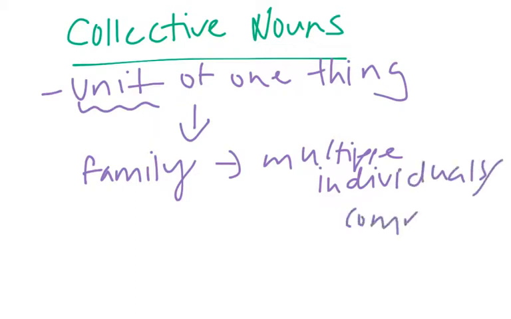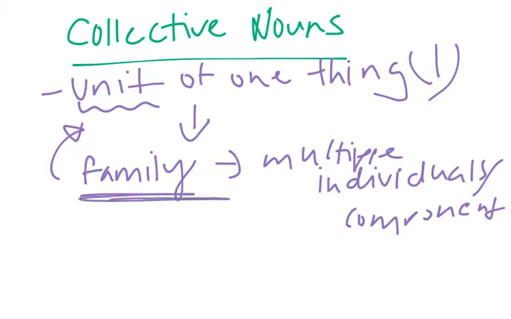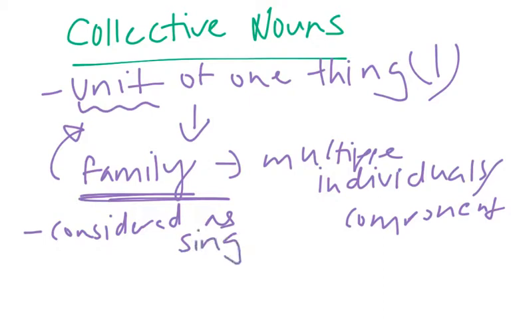However, it's considered one unit, one family. And that is why you will learn about this in the future when we talk about the concept of subject-verb agreement, that this family here will be referred to using the verb is, because it will be considered as singular.